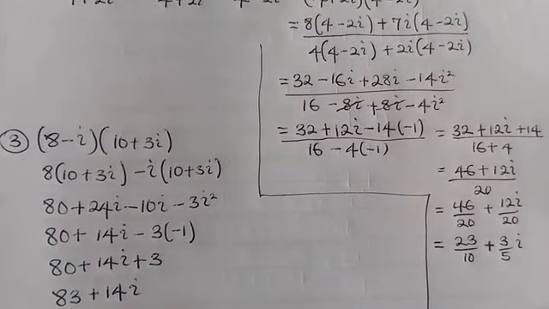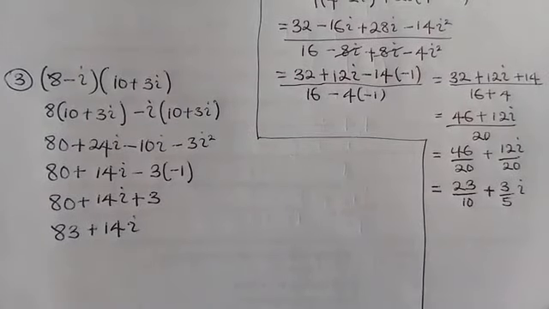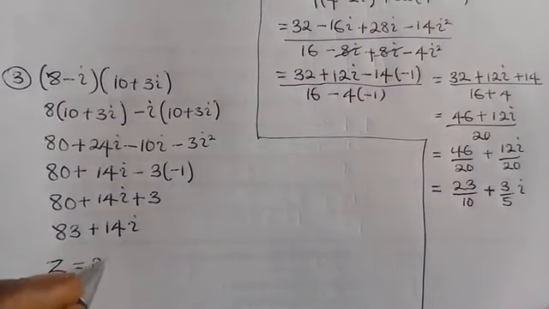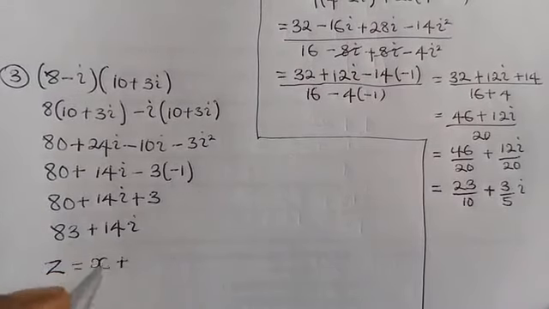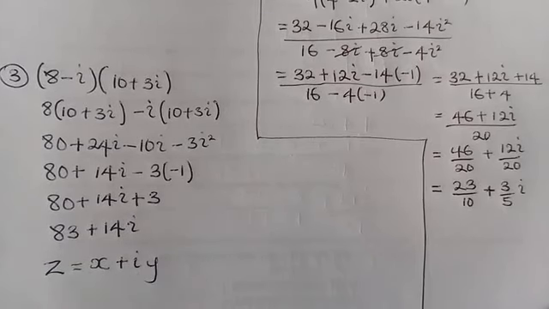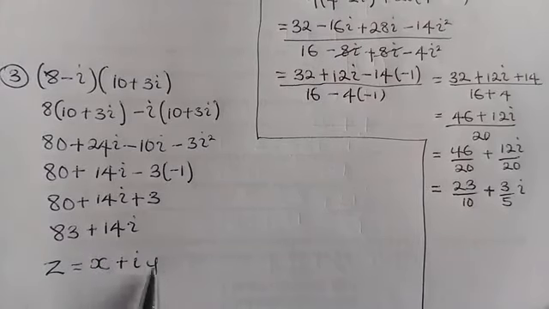14i. So in answering that question, remember we did say that a complex number is of the form z equal to x plus iy or yi, either way. So if you have this as a complex number, this is our real part, while this is the imaginary part.